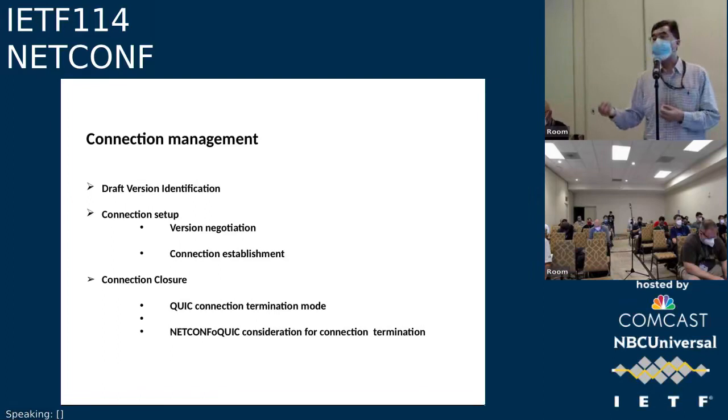Another way is that either side of QUIC sends a connection close, and the connection will close. The third way is that something goes wrong, we cannot access some state, and then we just statelessly reset the connection. Those are the three ways a QUIC connection can be terminated.